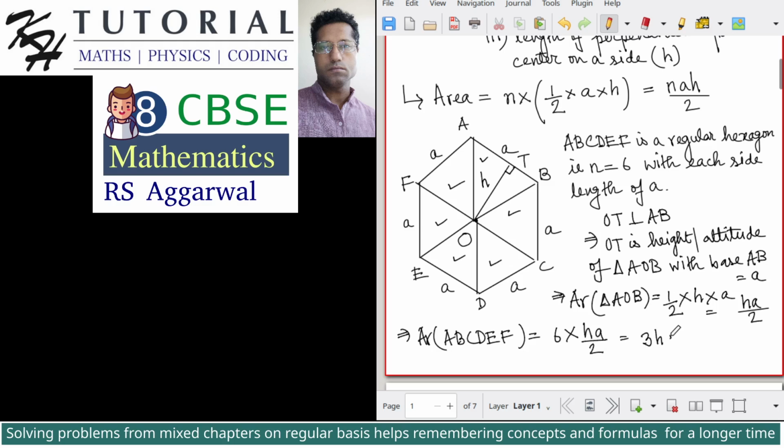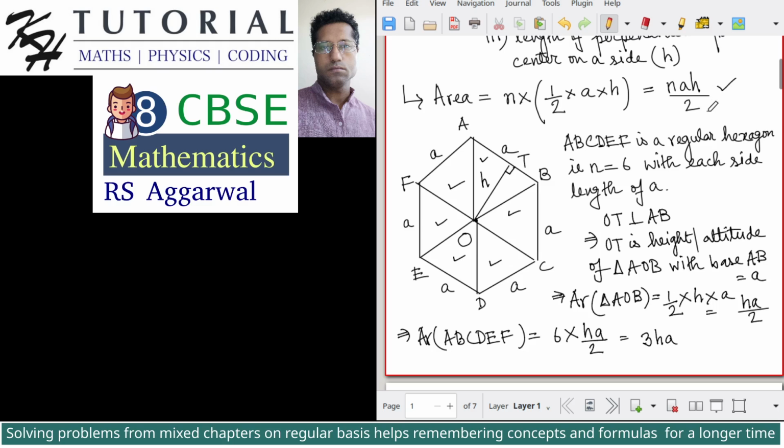Now 3HA is the formula for the hexagon. If it was a regular polygon of n sides, it would have been half into n into HA. That is how this formula comes.